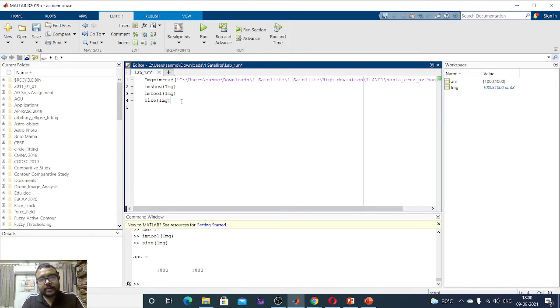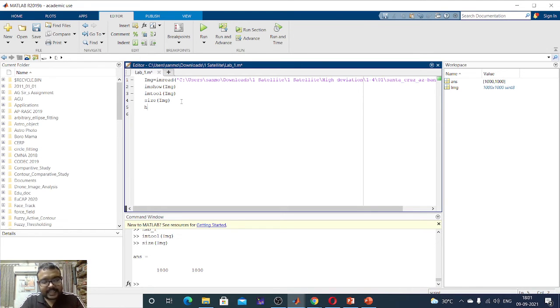Now, how to plot the histogram? We will write histogram and our file name, that is the image, img.